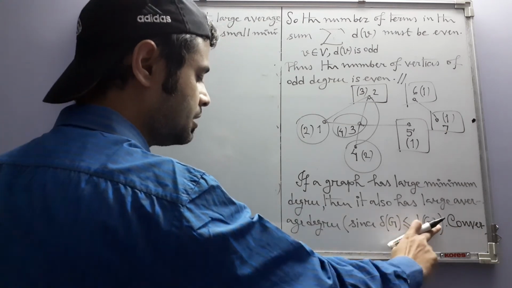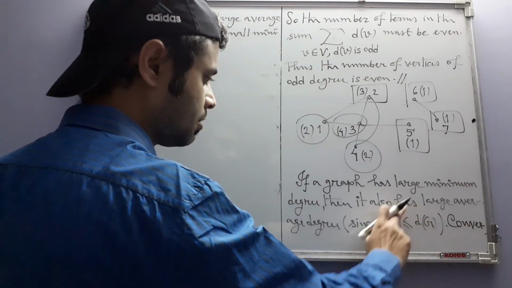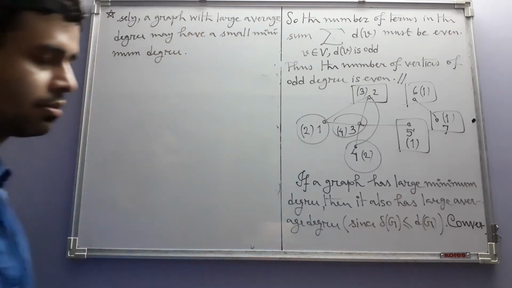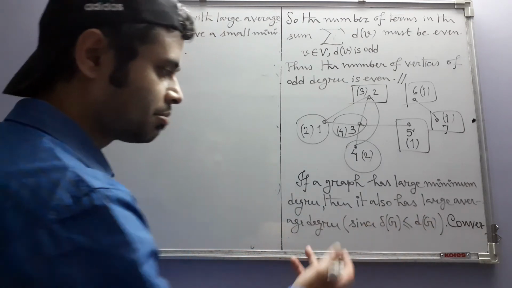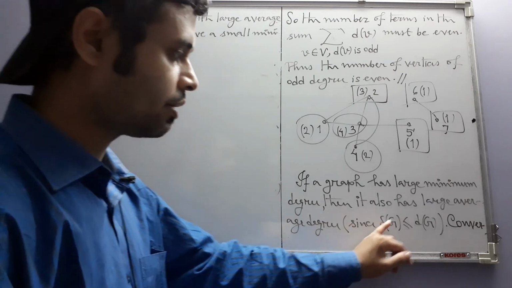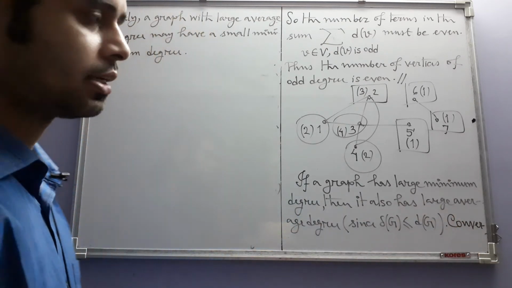Because if this is large, then that doesn't say anything about the delta G. It may or may not be large. The only thing is that it will not exceed dg. That's the thing.